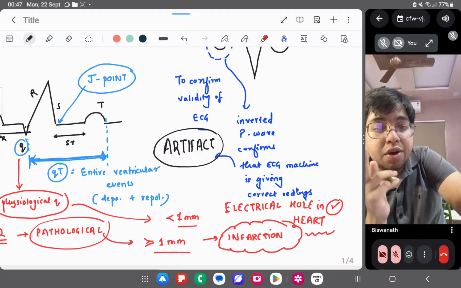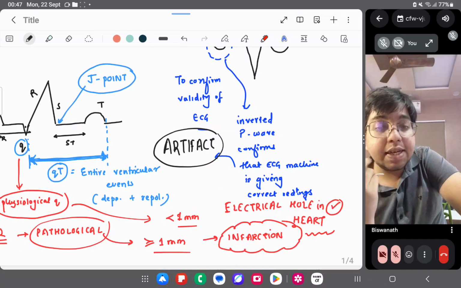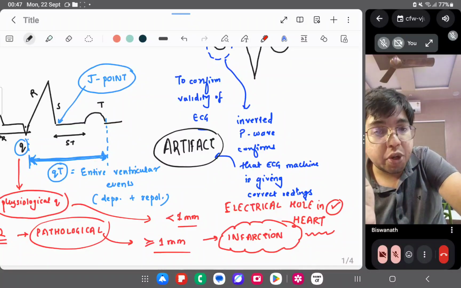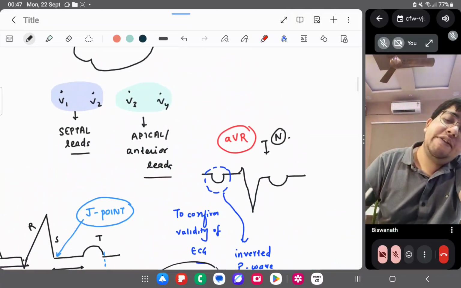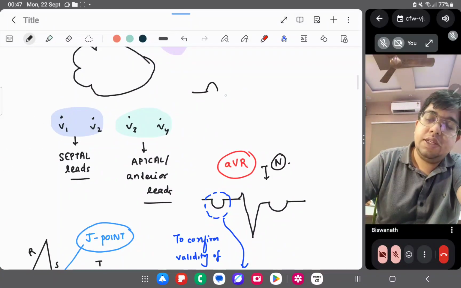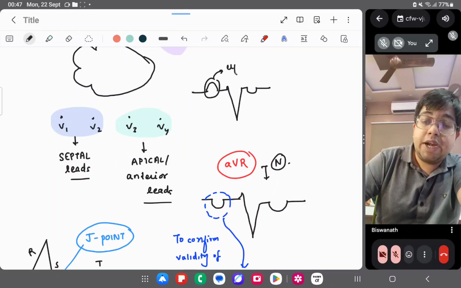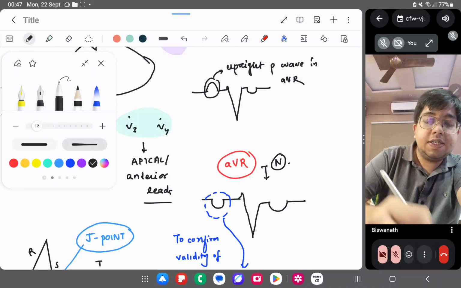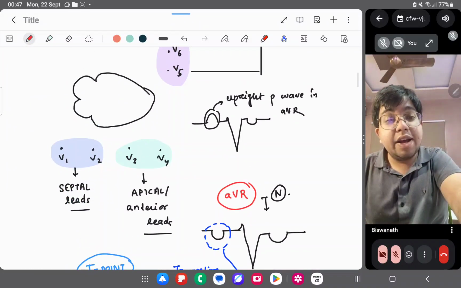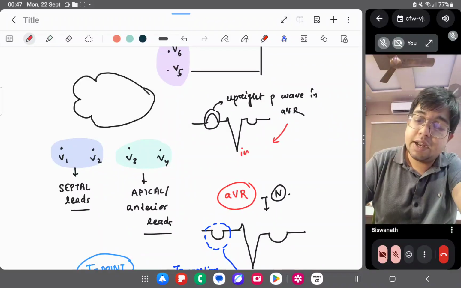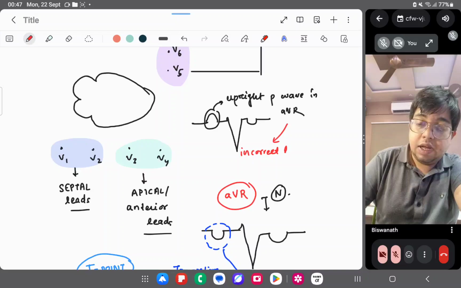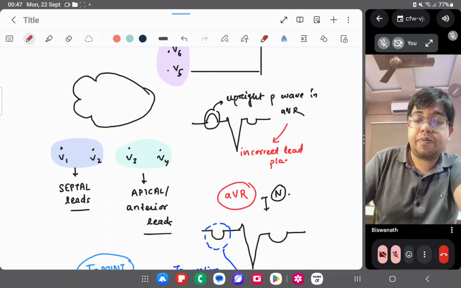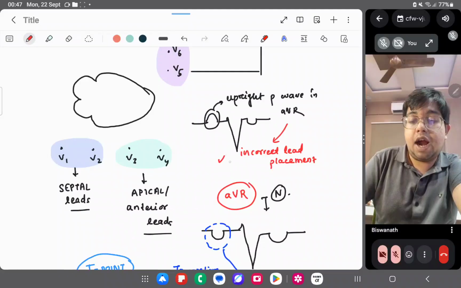This is very important. Remember that AVR is a mirror image of the standard ECG waveform. If there is an upright P wave in AVR, what can be the causes? The first and foremost cause is incorrect or reverse lead placement, which gives an artifact.